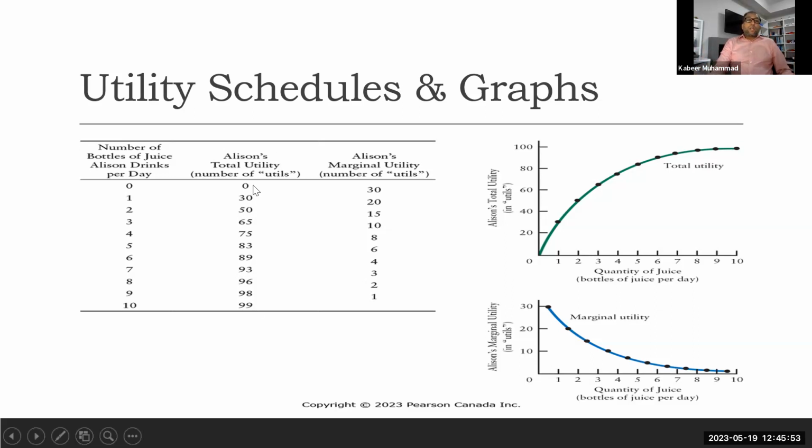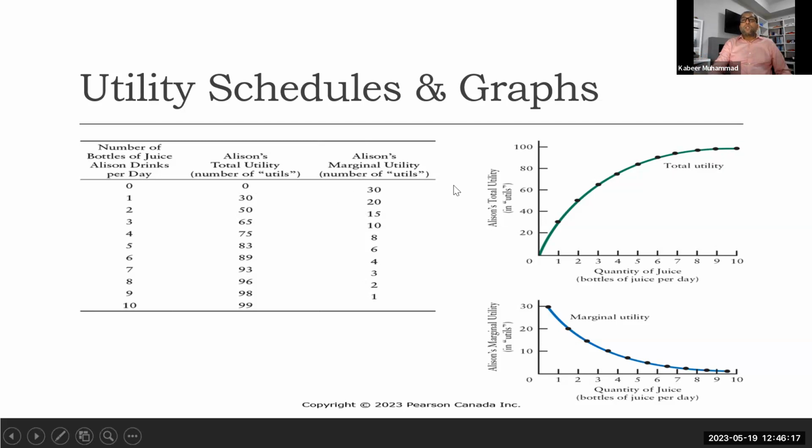So we see here that it's going to increase gradually as the number of bottles of juice increases. But if we look at the marginal utility, we see that the marginal utility from the first bottle of juice is 30 and then 20. So we observe the same pattern, which we call diminishing.